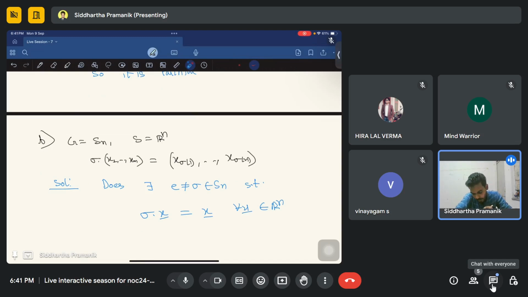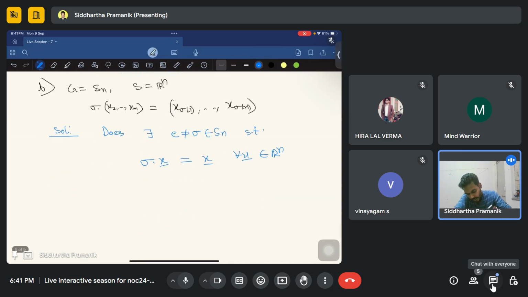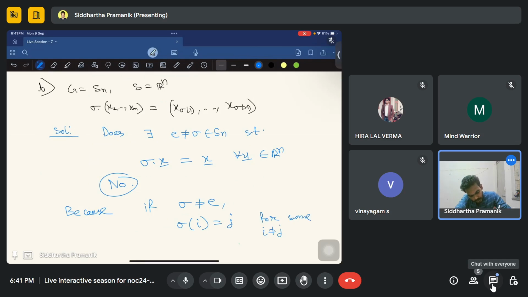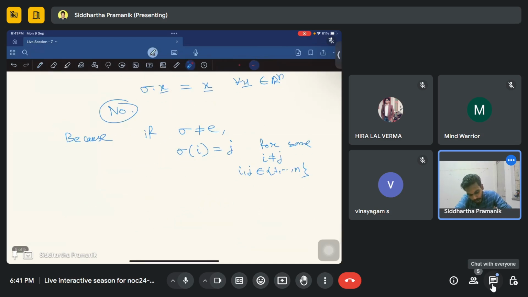There exists no element, right? Because if sigma is non-identity, then let's say sigma of i is equal to j for some i not equal to j, and i, j belong to the set 1 to n, meaning sigma sends i to j, right?